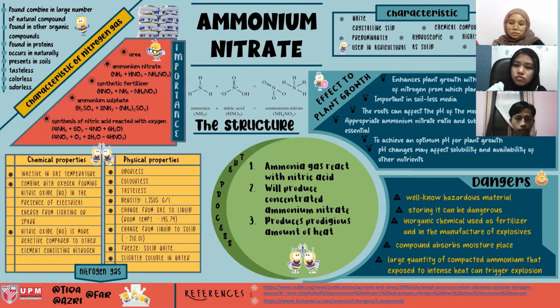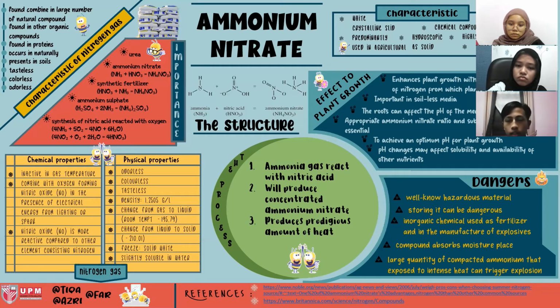Next, an appropriate ammonium to nitrate ratio and substrate temperature are essential. For optimal uptake and growth, each plant species may require a different ratio of ammonium to nitrate, and the correct ratio also varies with temperature, growth stage, and even the pH in the root zone and the soil properties.